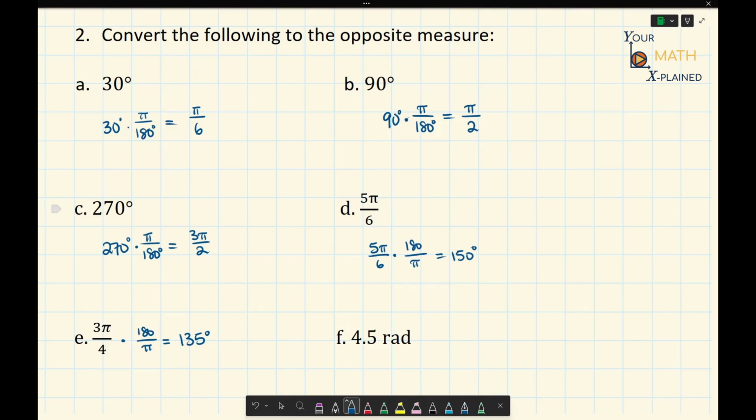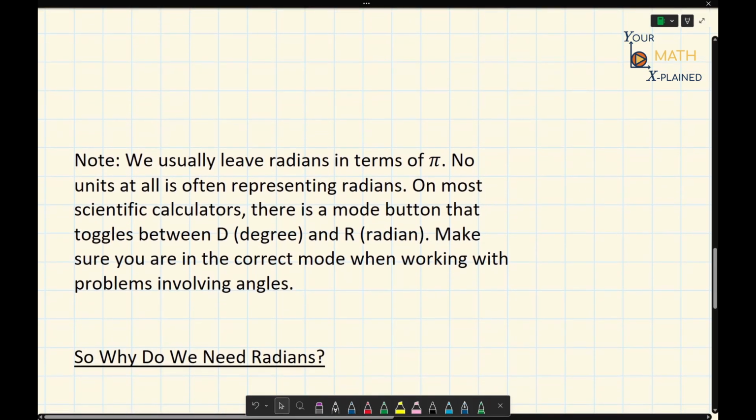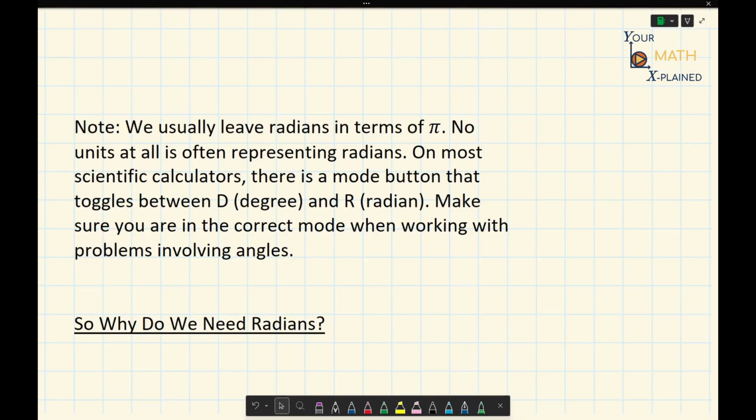And then the last one, if we multiply that by 180 over pi, this is going to be roughly 257.8 degrees. So note, we usually leave radians in terms of pi instead of a decimal number.